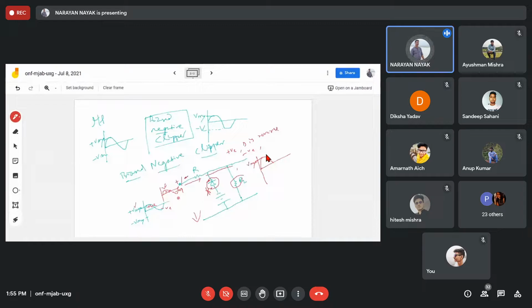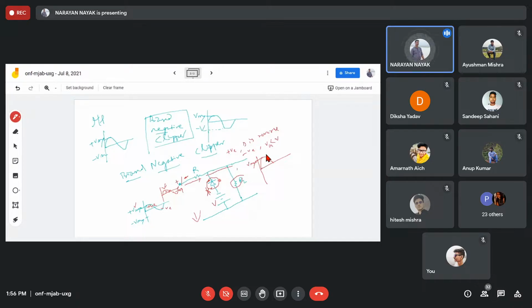If this input voltage, V input, is less than this battery voltage V, then, during the negative half cycle, the input voltage you are applying is less than your battery voltage.